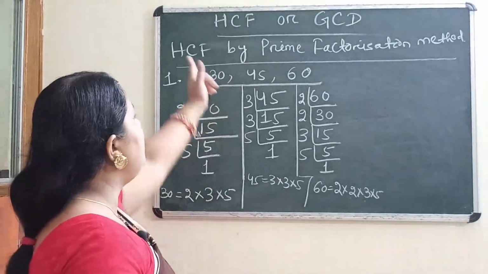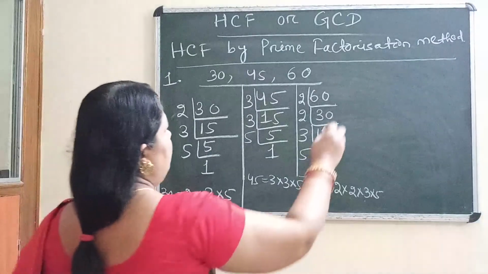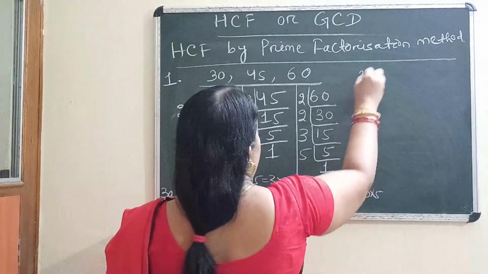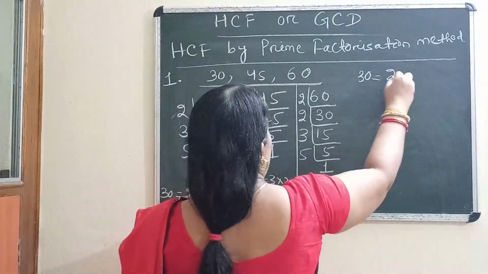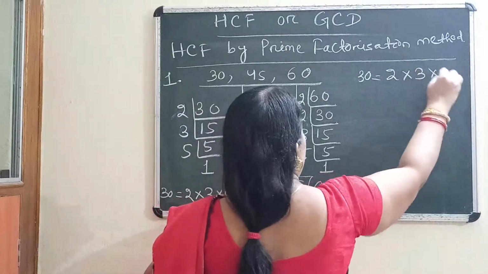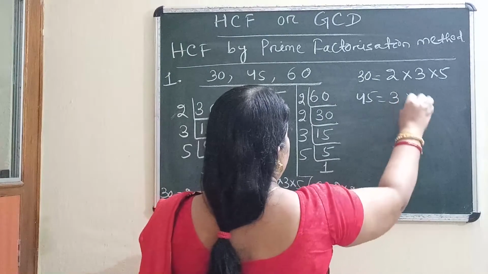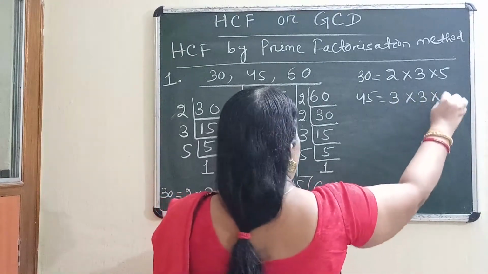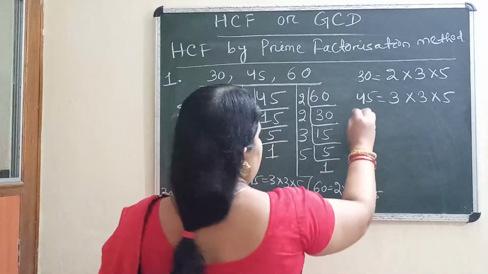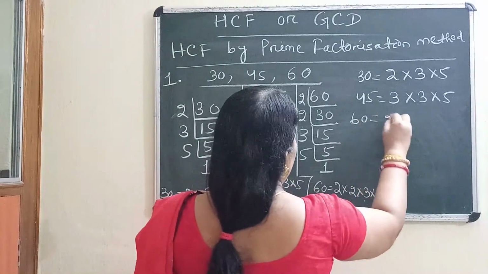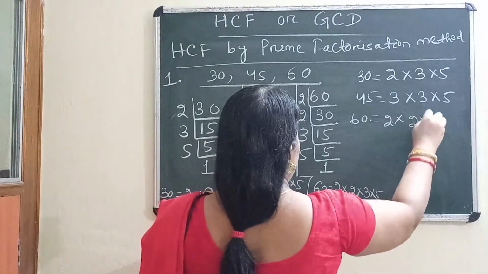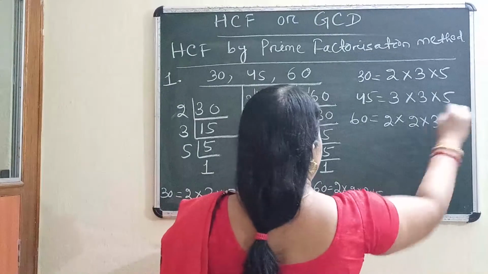Then how to find the HCF? Let's write here. 30 equals 2 into 3 into 5. 45 equals 3 into 3 into 5. Then 60 equals 2 into 2 into 3 into 5.